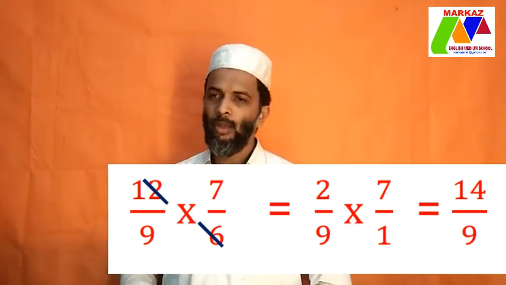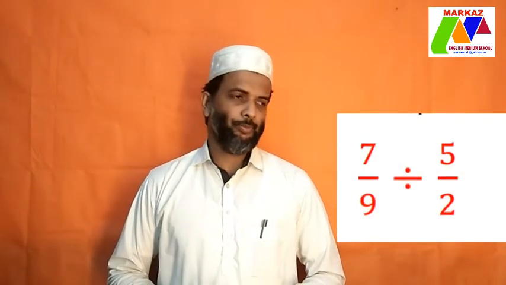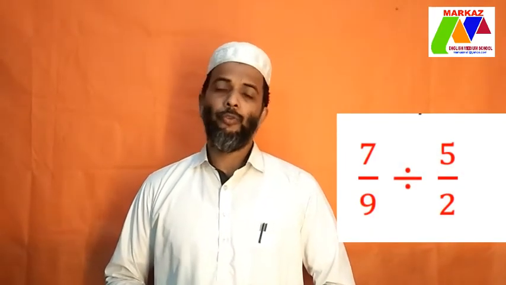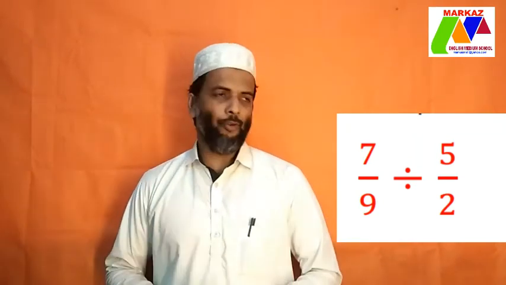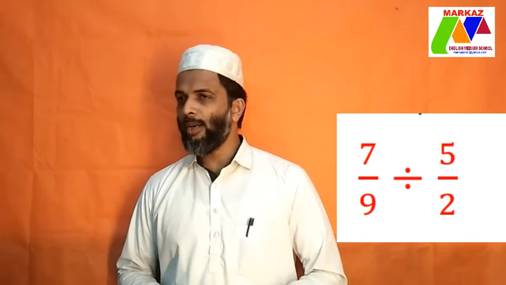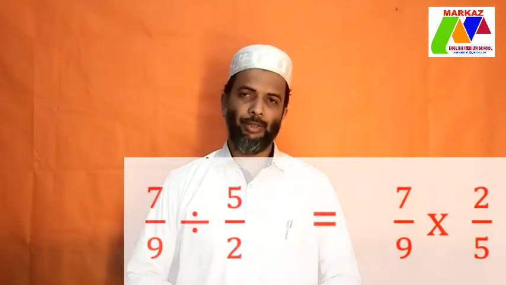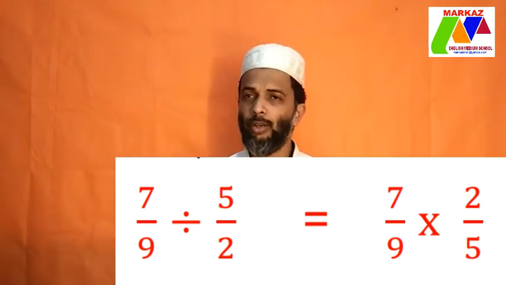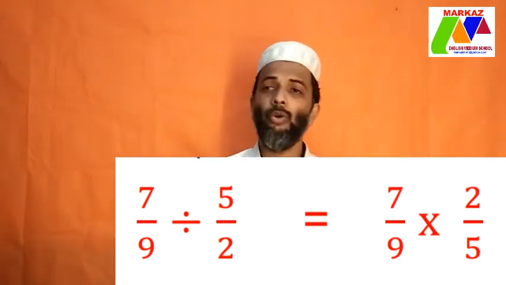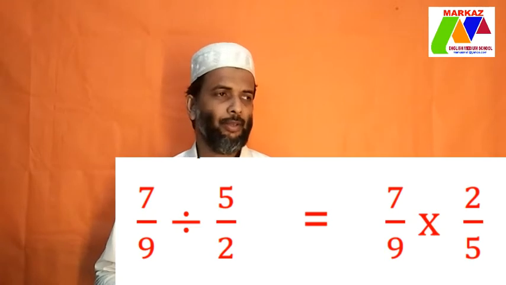Okay. One more example: 7 by 9 divided by 5 by 2. First step, change the divisor to its reciprocal form and also change the division sign to multiplication. 7 by 9 divided by 5 by 2 is equal to 7 by 9 into 2 by 5.